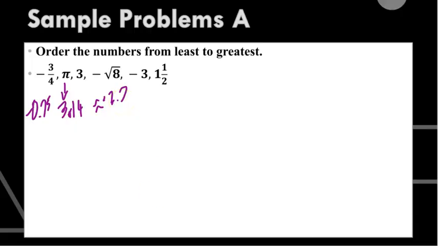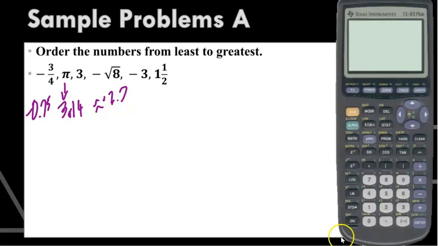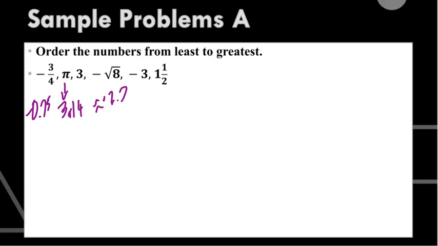Now, if you want to know what the exact would be, you just take your calculator and do negative square root of 8, and that's going to give us -2.82. So -2.8, we can put that as our answer here. So let me erase that 7 and just make that -2.8.